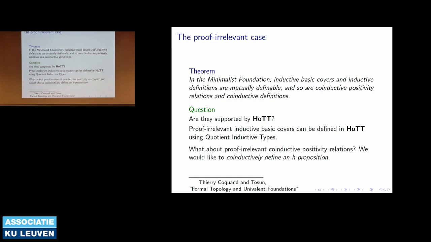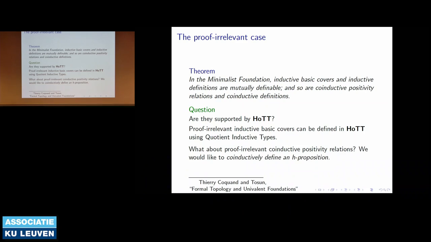What about proof-irrelevant coinductive positivity relations? Because here it is not clear how we can do this, because we would like to coinductively define something, but at the same time, we want to end up with an h-proposition. And let me say that the naive way of just taking an M type and truncating it does not work, because truncation, let's say, does not preserve terminality.